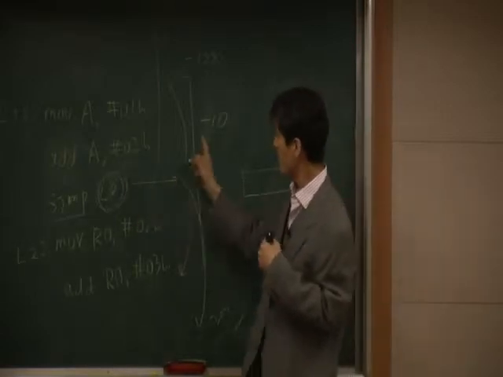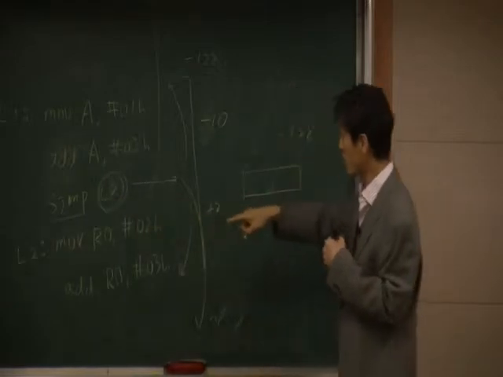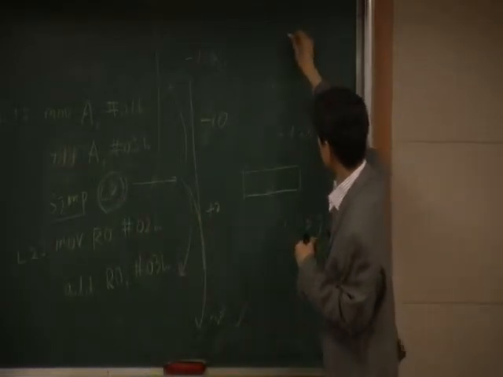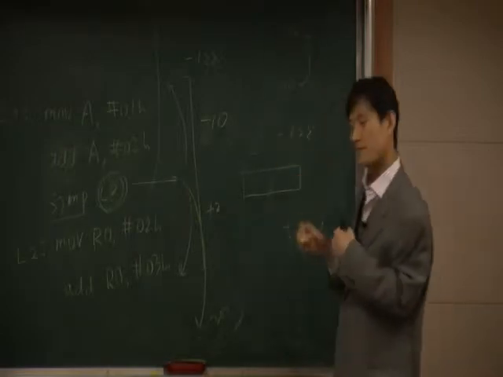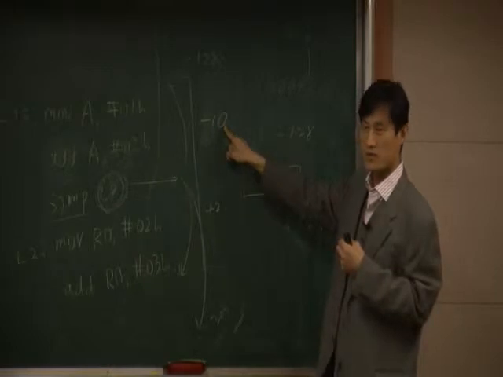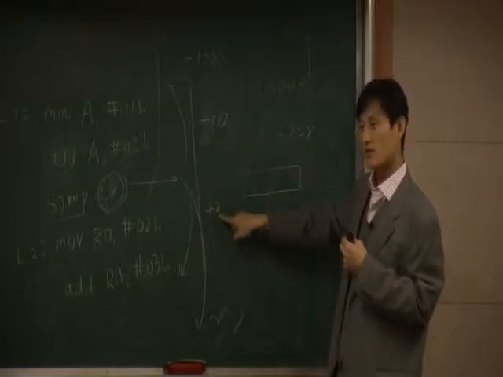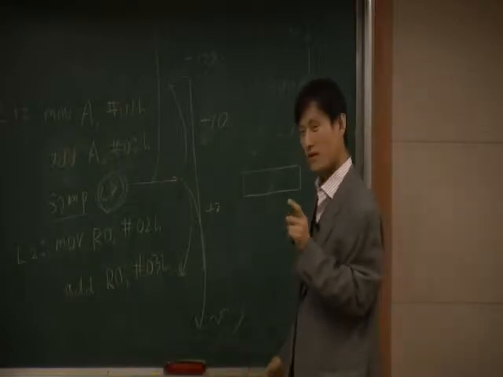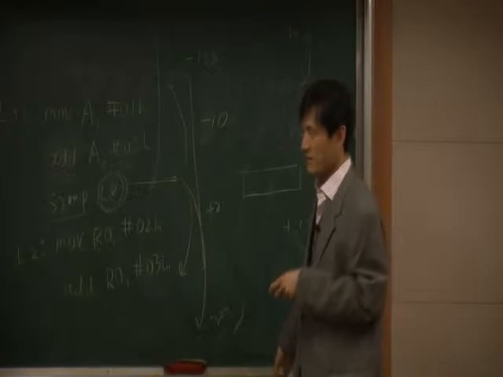And when I have minus 10 as an operand, that means I'm jumping back to address 90. That's what they mean. This is not the number of instructions. This is the number of bytes. That's one thing that you want to remember.